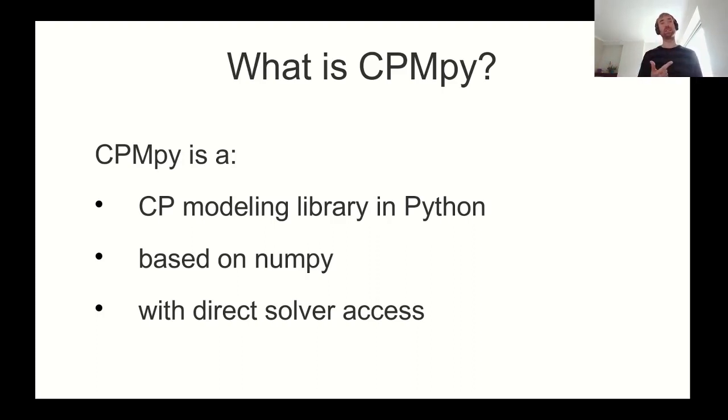So CPMpy itself, to be compatible with all of these other scientific Python libraries, also uses NumPy arrays as basic data structure. And thirdly, it has direct solver access. Because you're in a programming language, why not expose the solver access more directly? These really are three key properties that set CPMpy apart from other modeling languages.